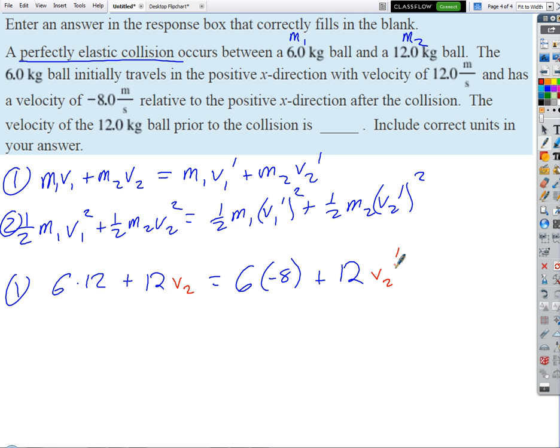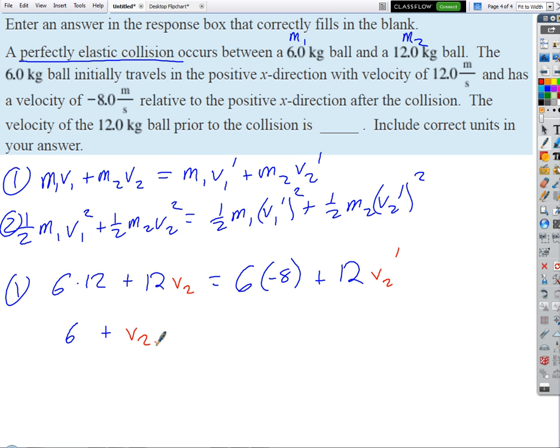And we could simplify that. We could divide each term by 12, and that would just give us 6 plus V2. Why 12?